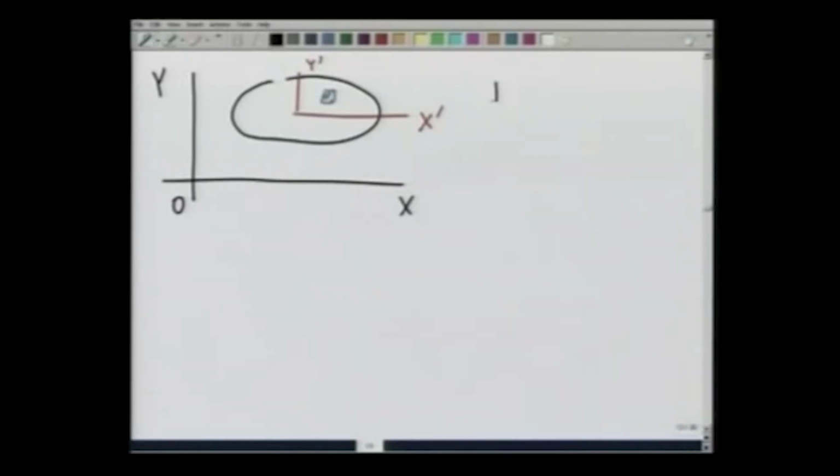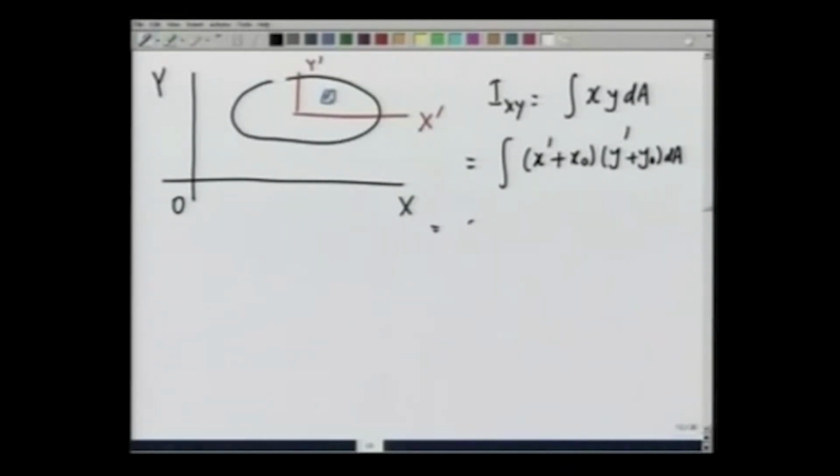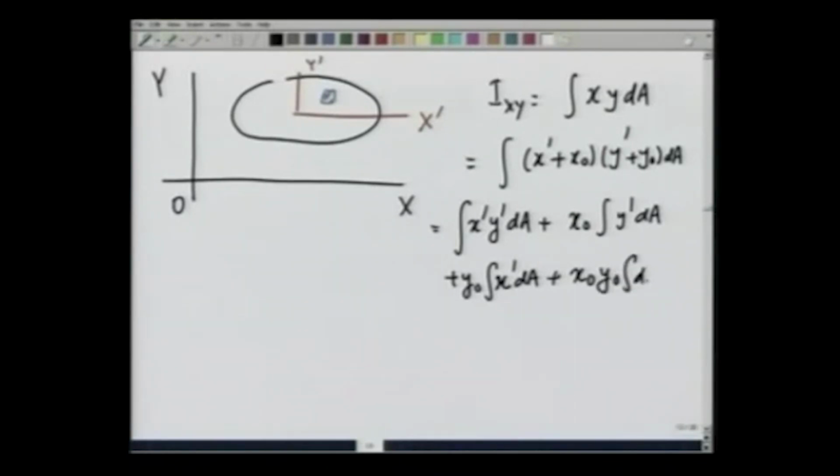The product is I x y, which is equal to the integral of x y dA, and I substitute for x and y as x prime plus x 0, y prime plus y 0 dA, which comes out to be the integral of x prime y prime dA plus x 0 integral y prime dA plus y 0 integral x prime dA plus x 0 y 0 dA.